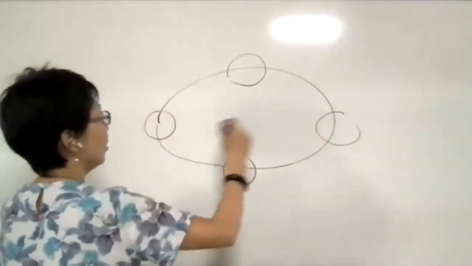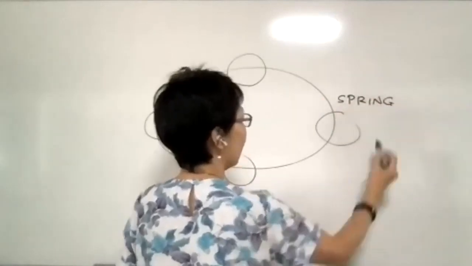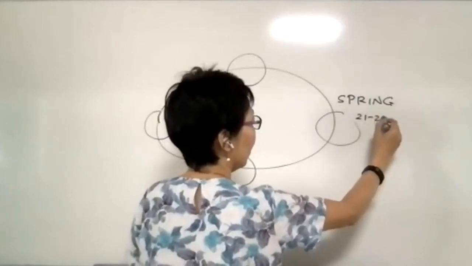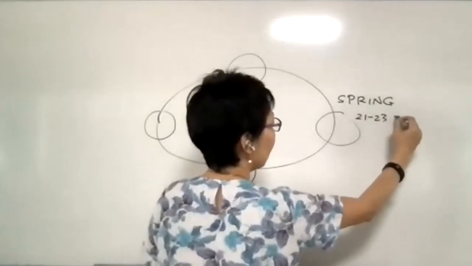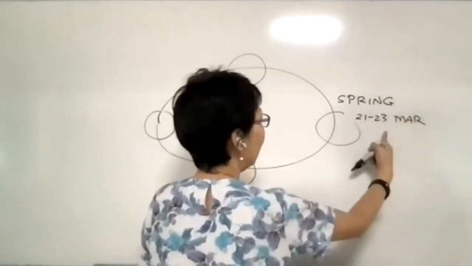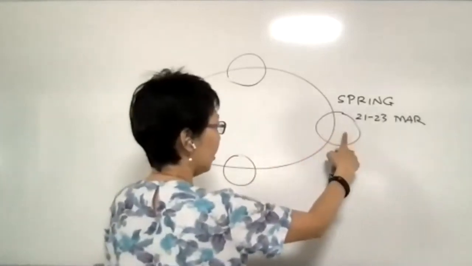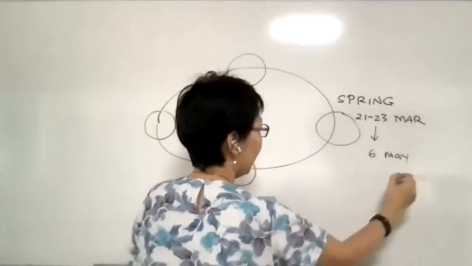Okay, we are now at the spring cycle. We actually start, I think, on the 21st, usually around this date, 21st, 22nd, or 23rd of March. I just started this. So you start here and end on the 6th of May.